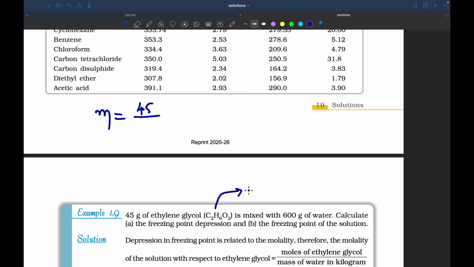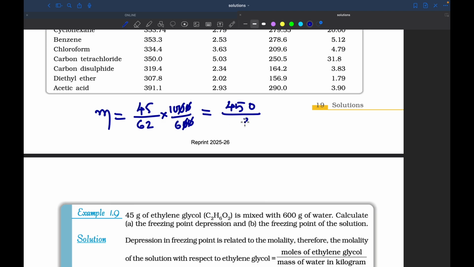Carbon 12 plus 12 is 24, 24 plus 6 is 30, 30 plus 32 is 62, times 1000 by how many grams of water? 600 grams of water, right? So we will simplify this. Two zeros get cancelled, right?